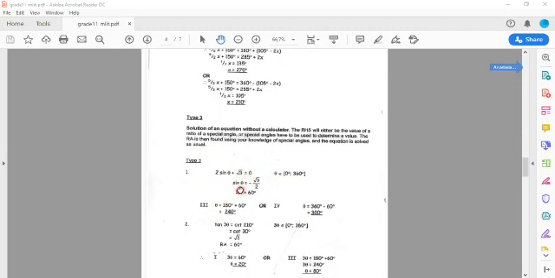So sine theta is equal to negative root 3 over 2. Anytime you see root 3 over 2, you need to know that it's a 60-degree angle when it comes to sine. So automatically, you're supposed to know or have memorized your 30 degrees, 60 degrees, and 45 degrees.